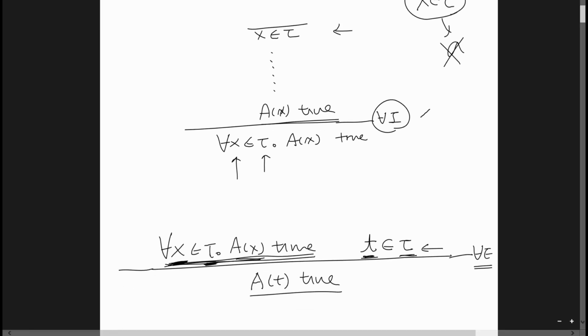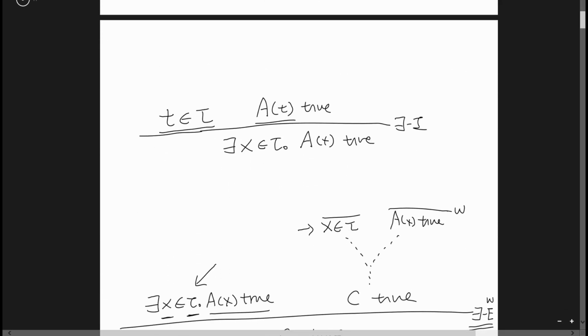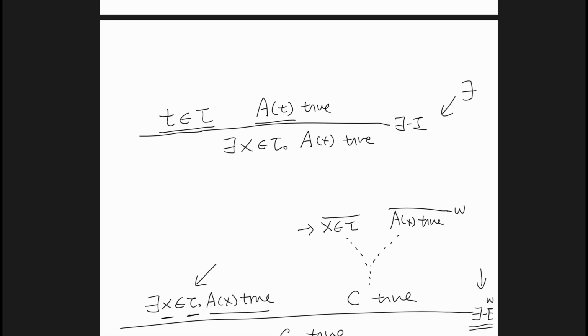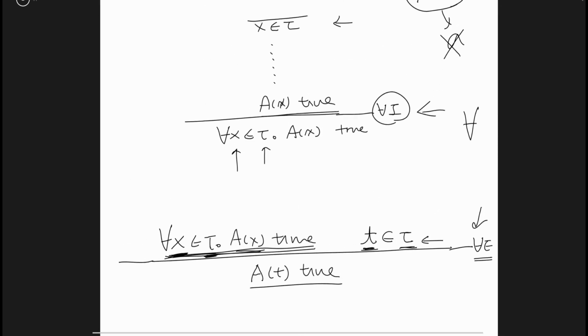So we have introduction rule and elimination rule for universal quantification, and we have introduction rule and elimination rule for these existential quantifications. Now let's repeat the usual exercise. First, introduce the proof terms, and then we can talk about beta reductions and eta expansions. So what about the proof terms?